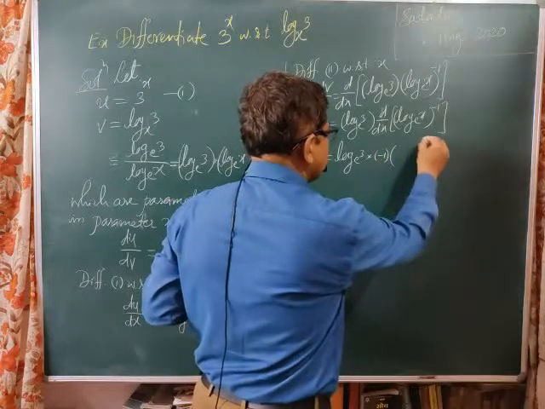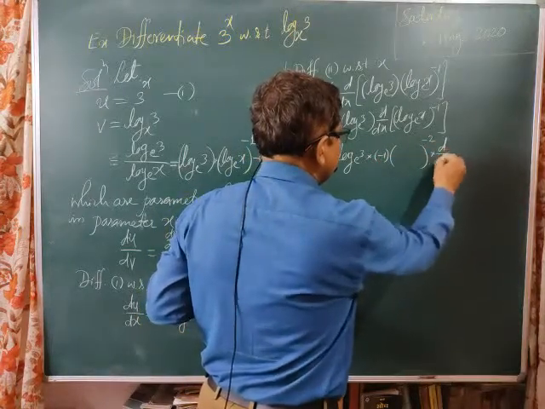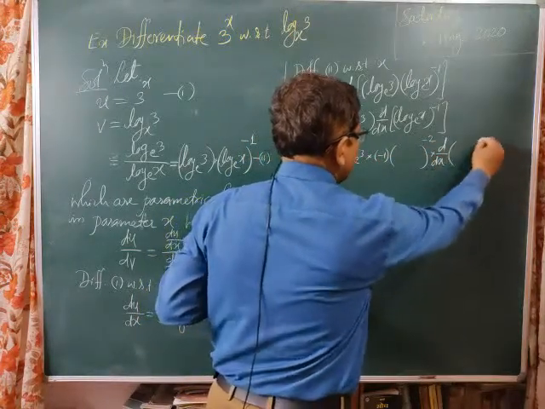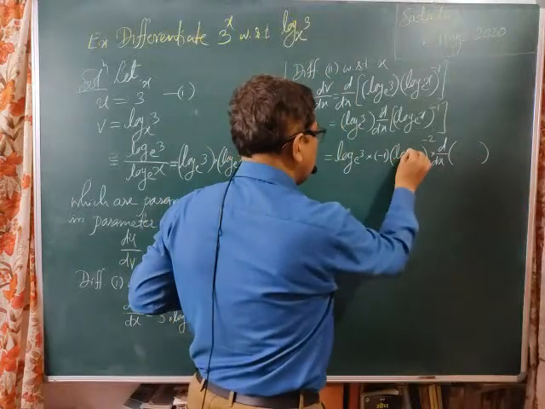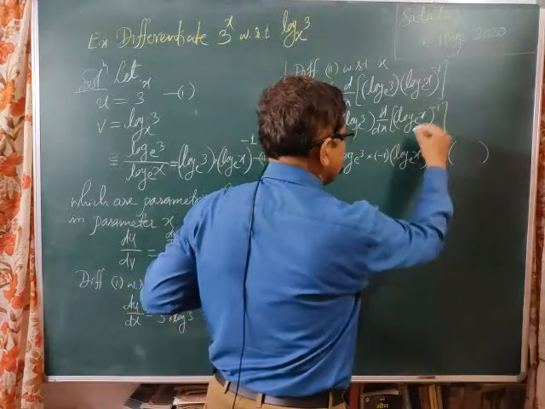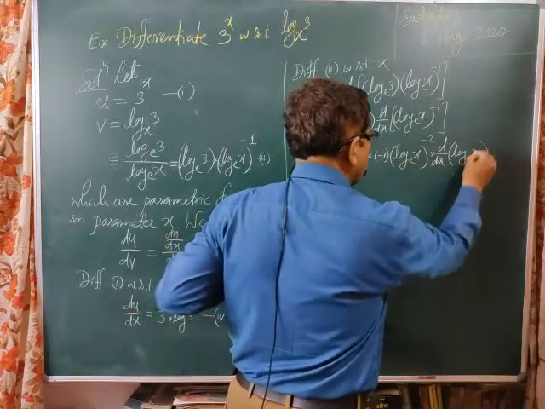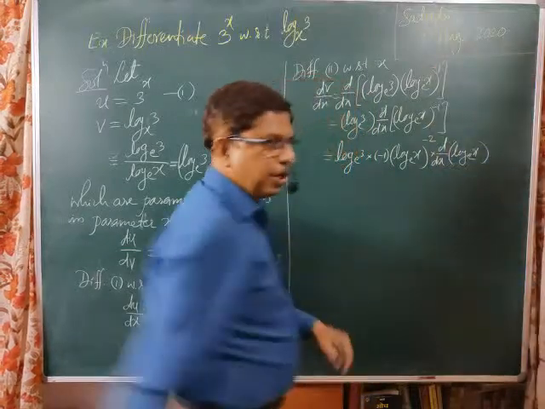into this bracket raised to minus 2 into derivative of this bracket. And what is the bracket? Log of x to the base e. And here it is again log of x to the base e by chain rule.